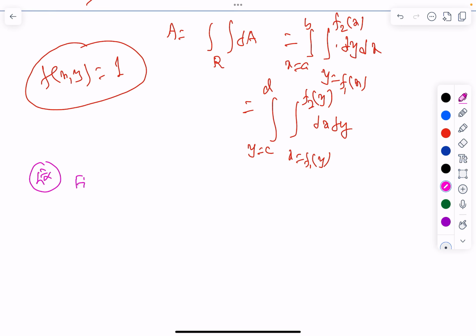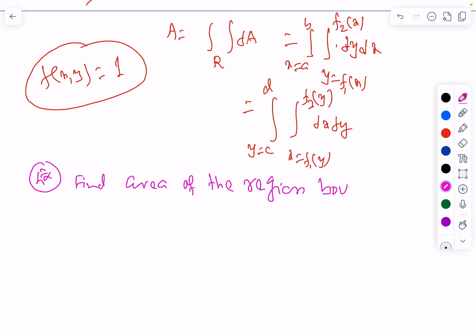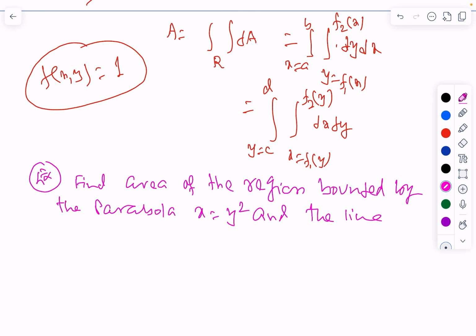Let us take one simple example. Find the area of the region bounded by the parabola x equal to y square and the line y equal to x.